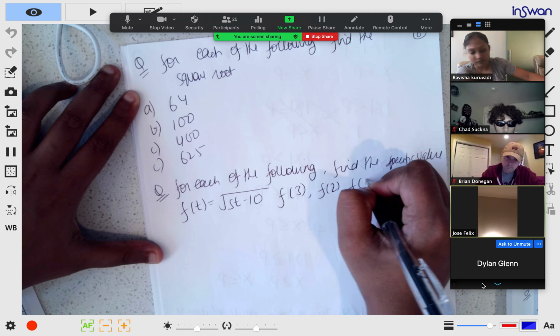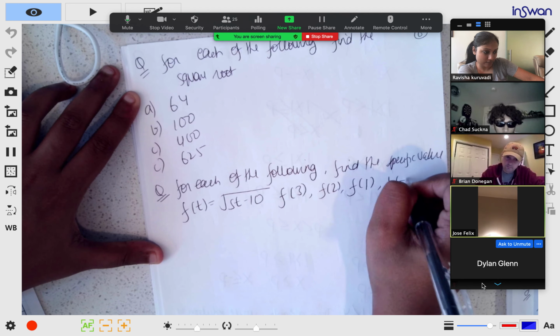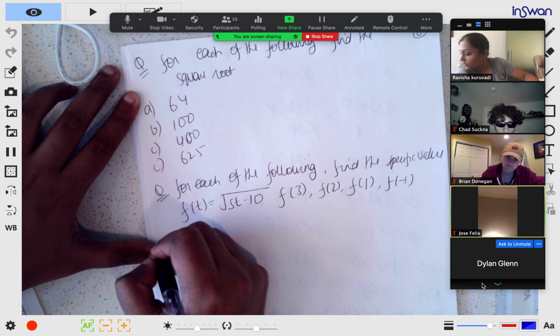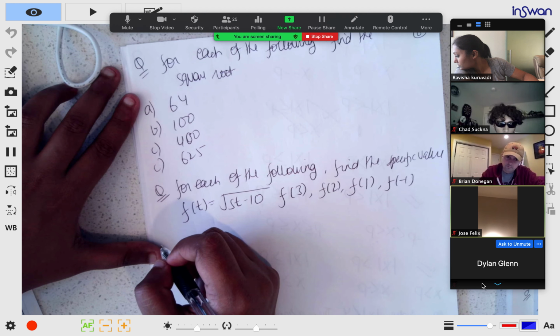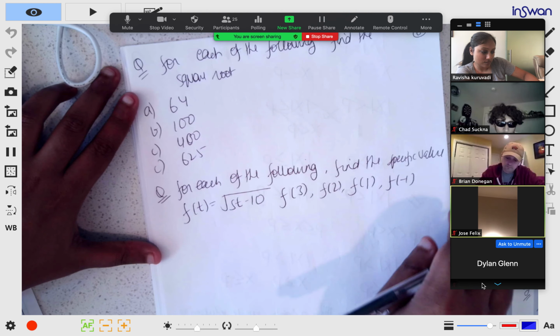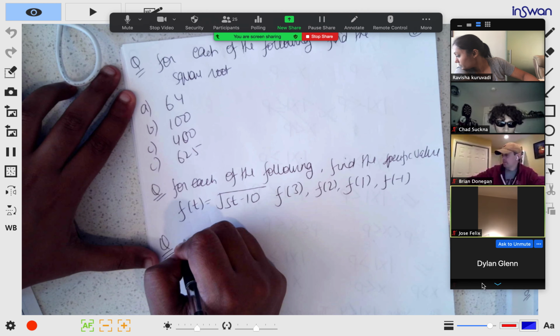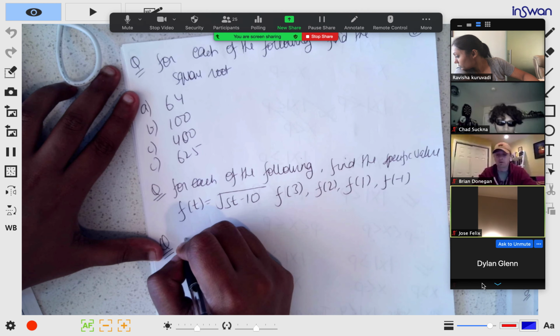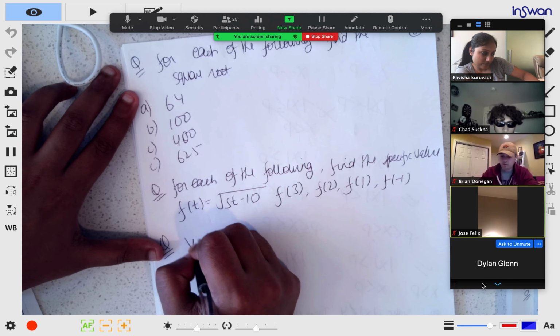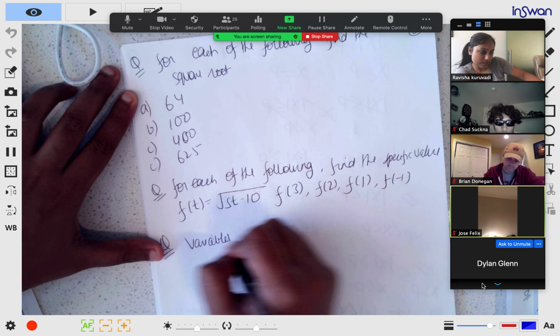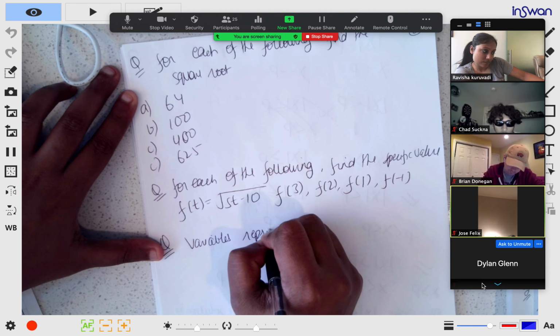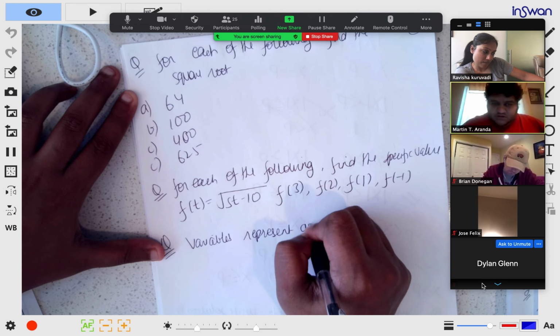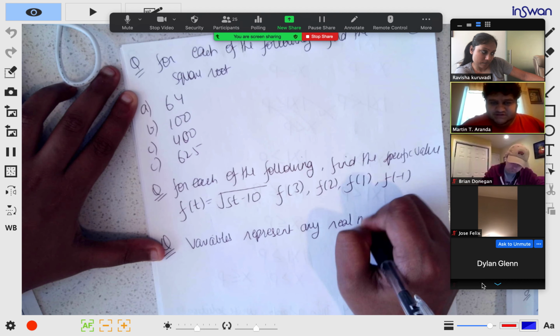Does C say 400? Yes, it's 400. What does the second thing say?